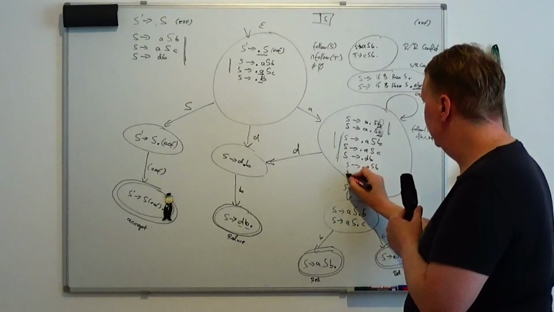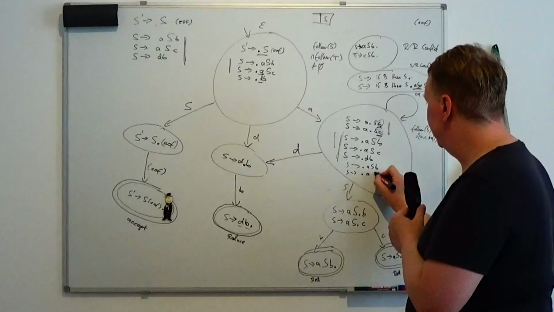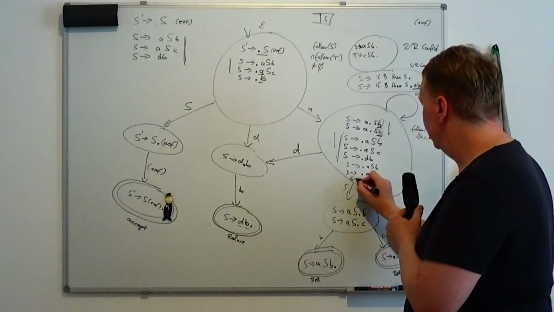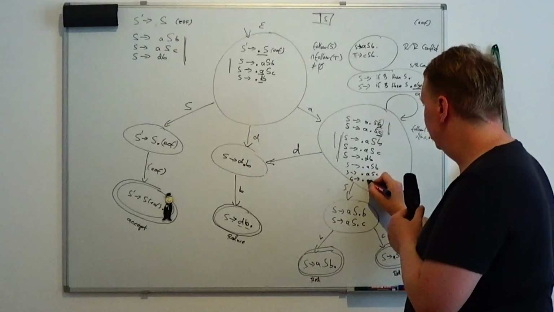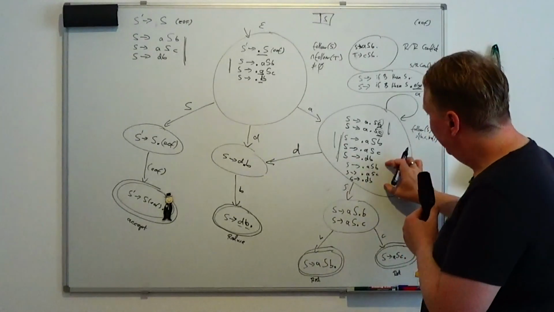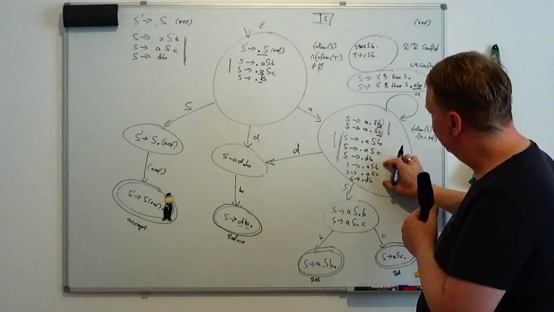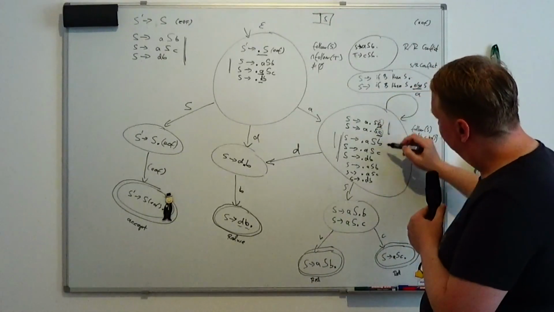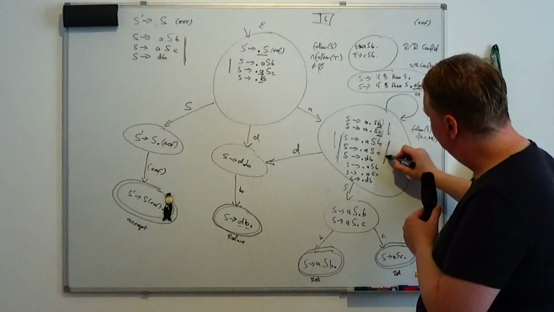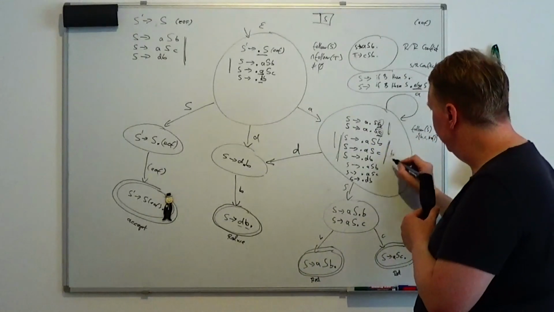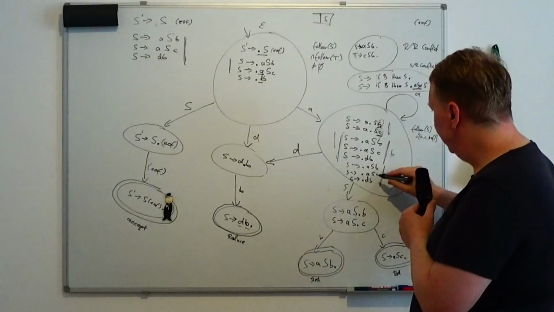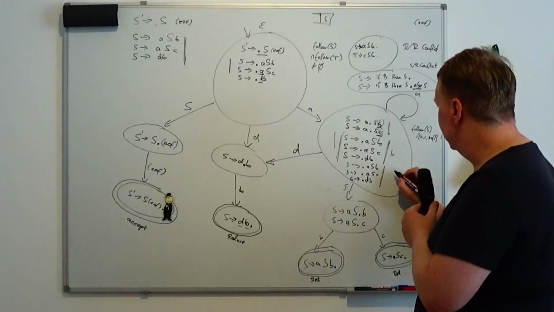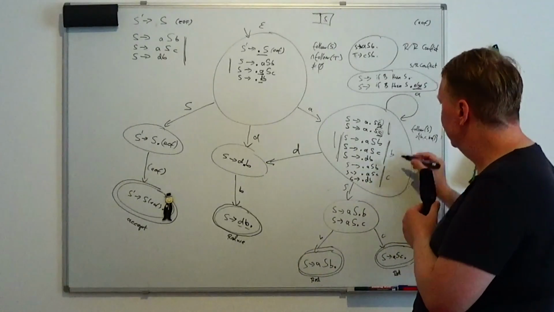A as B, S goes to point A as C, and S goes to point DB. Now we have the same production rules twice, but the difference that we get now is the first three are for the case where we have a B after that, and the second set of them is for the case where we have a C after that.